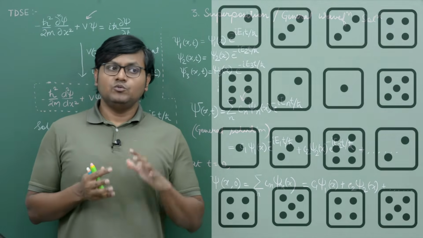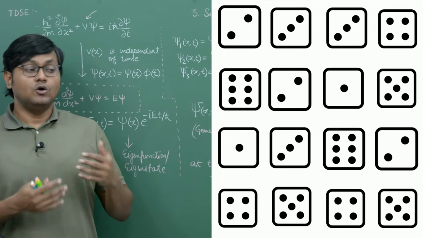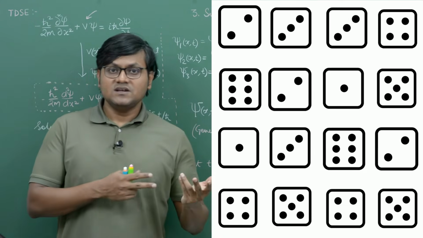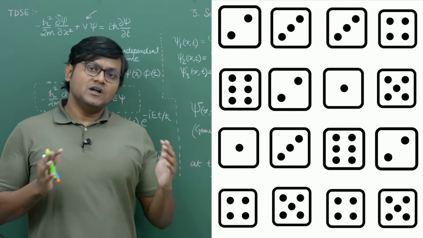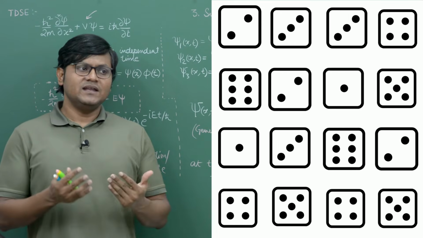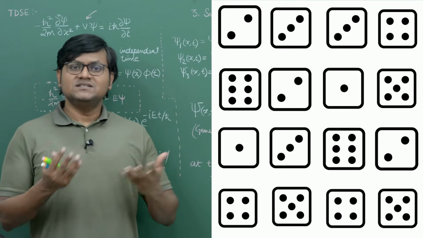So if I take a large number of dice and I just throw them randomly, then I cannot exactly predict which dice is going to land on one or two or three, but I can know that if I make a large number of measurements, then I will end up getting probabilities corresponding to each side, right?